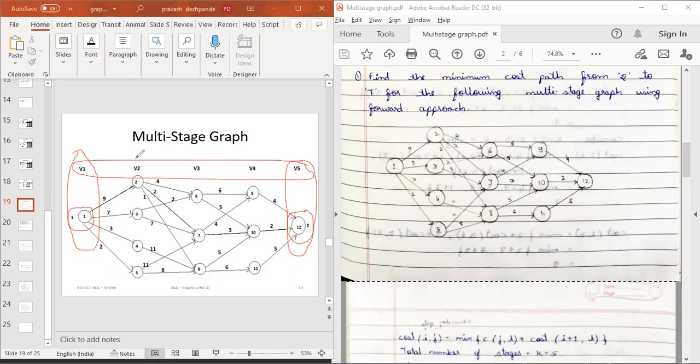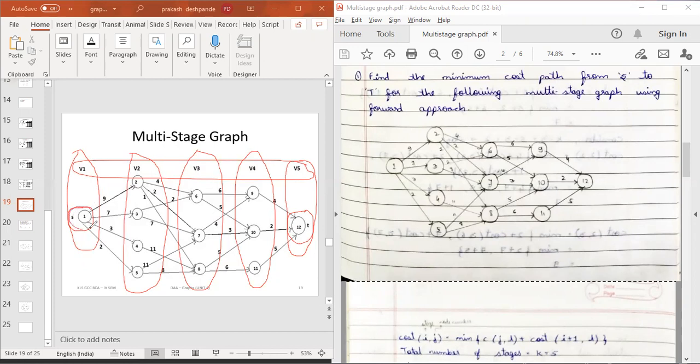Now, in stage number 2, that is V2, we have this set of vertices, in stage number 3 again a set of vertices, and in stage number 4 another set of vertices. In the multi-stage graph, we need to find an optimal solution that gives us the minimum cost path from the source to the destination.